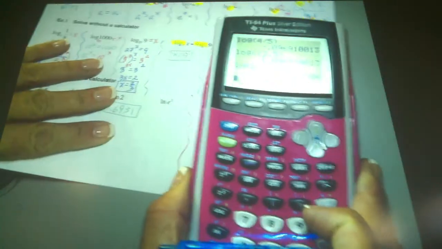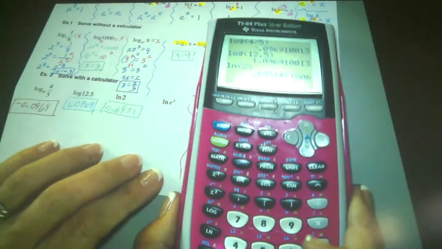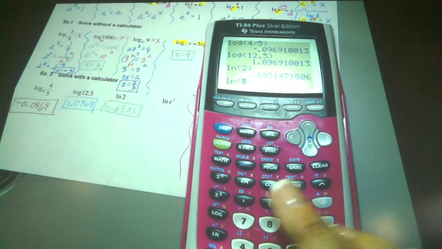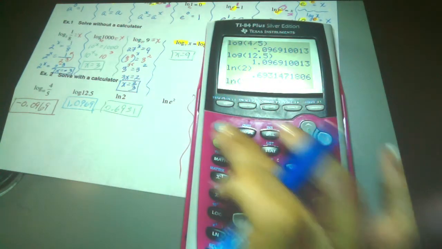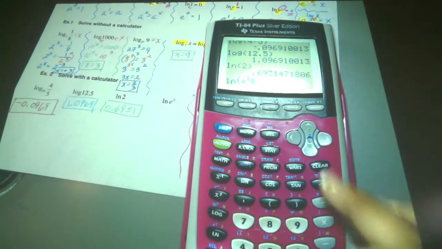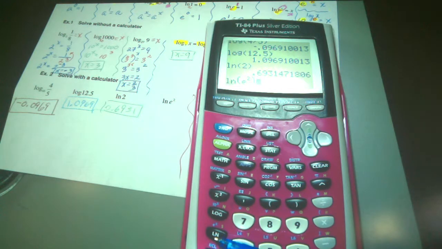And then the last one that I'm having you do, make sure that you know where your e button is. But do note that above your natural log, you need to listen.